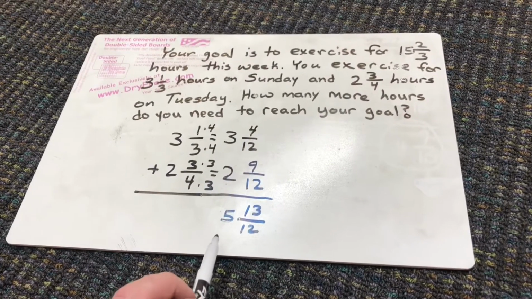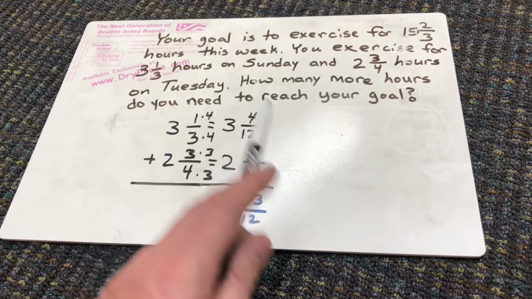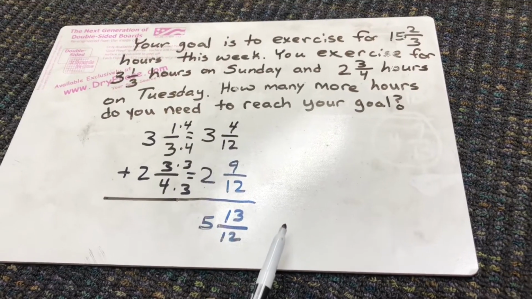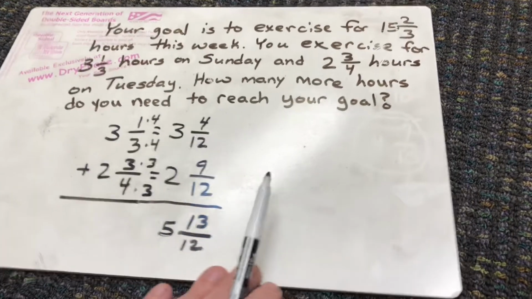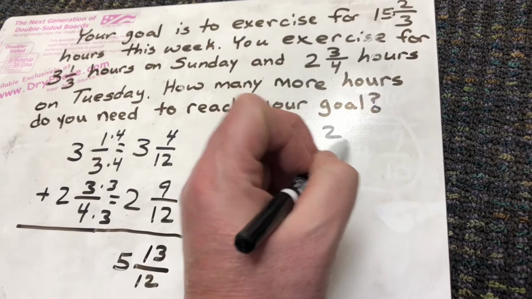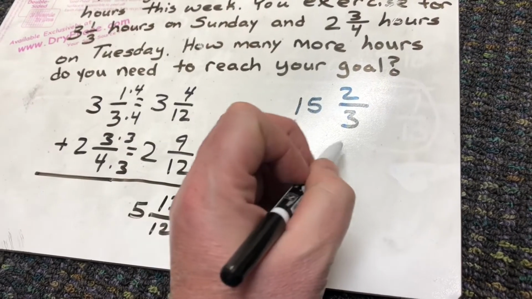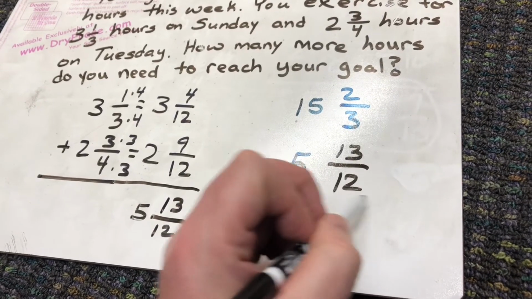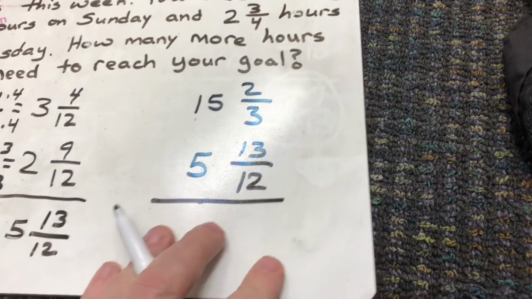Now, it says that your goal is to exercise for 15 2/3 hours this week. So really, what I'm doing is subtracting: I'm taking that 15 2/3 and subtracting 5 13/12, and then I'm going to take care of everything later.